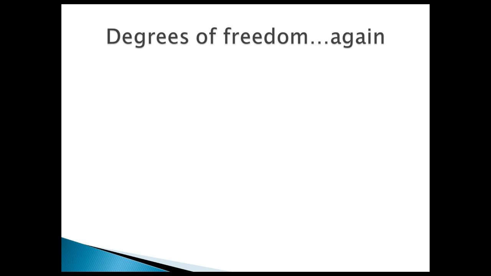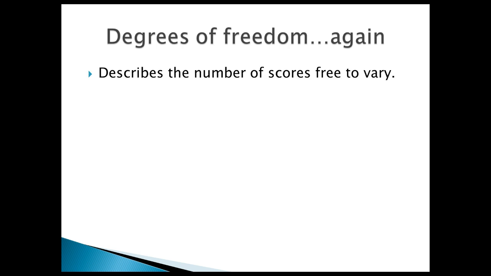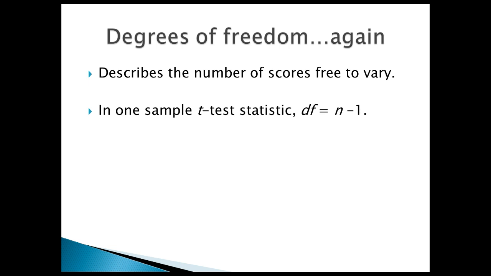Okay, so degrees of freedom, again, just making sure to reiterate, describes the number of scores that are free to vary. So your degrees of freedom are the number of scores that are free to vary. And for a one sample t-test statistic, the degrees of freedom, or df, equals n minus 1. Why is that?